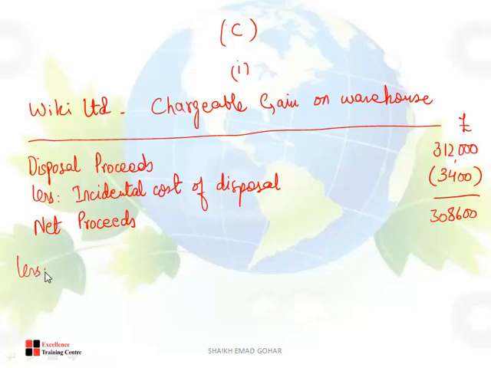Remember, less cost. How much is the cost? Cost is 171,000. And there is also incidental cost of acquisition. How much? 2200. Incurred legal fees of 2200. So this is called incidental cost of acquisition.